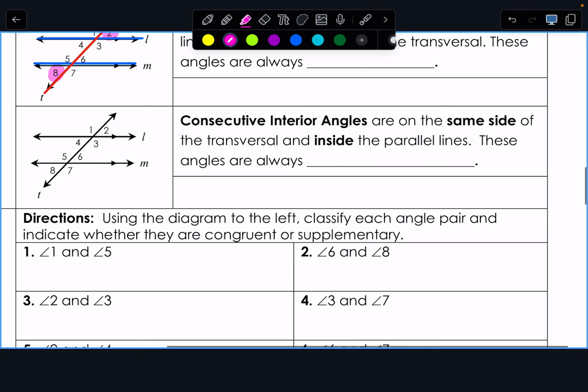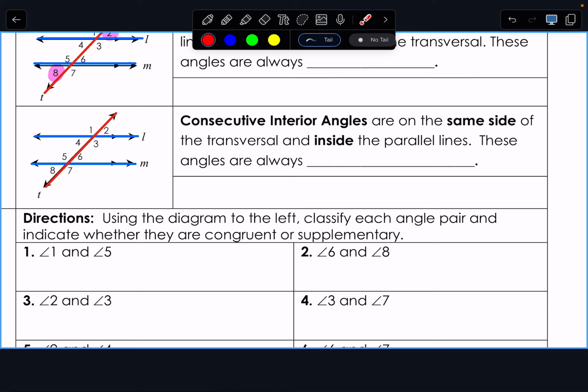And then consecutive interior. Interior means we better be inside, right? So 2 angles in this group of 4. But consecutive, like the Chiefs have won how many consecutive Super Bowls? 2 consecutive Super Bowls.